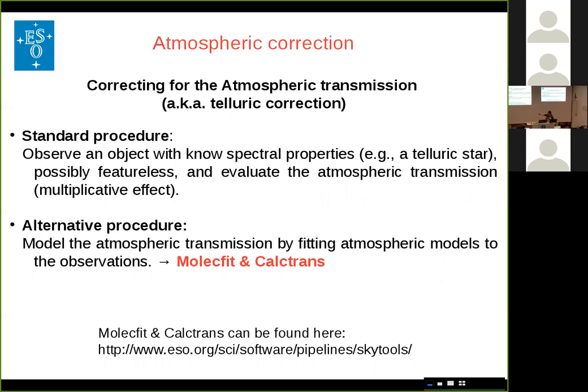Molecfit and Calctrans can be found here. They are standalone tools. In April, we will have these tools embedded in the CRIRES pipeline, so you can run them directly in the pipeline to correct your observations. In the future, other instruments will also have these tools embedded in the pipeline.